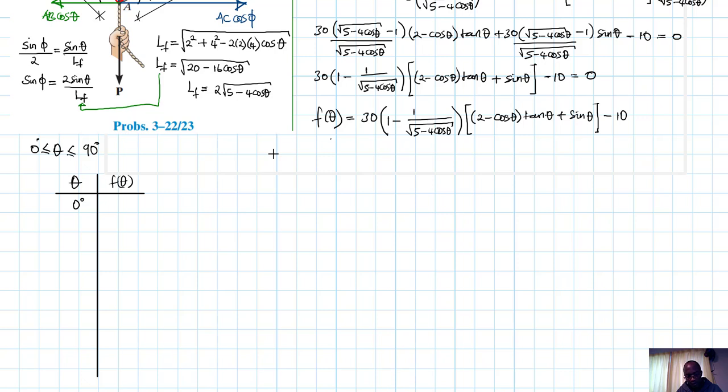I write it in advance, and then times tan 0.00, and then plus sine 0.00, minus 10.